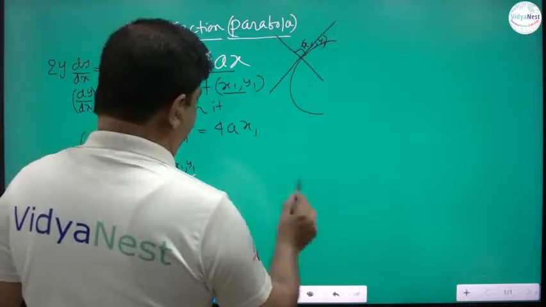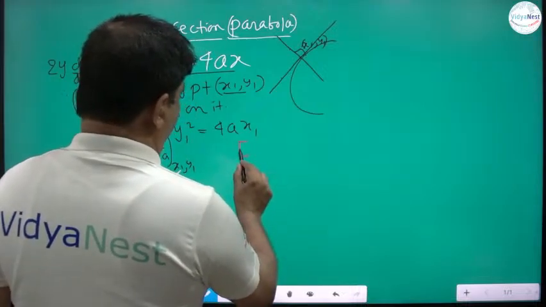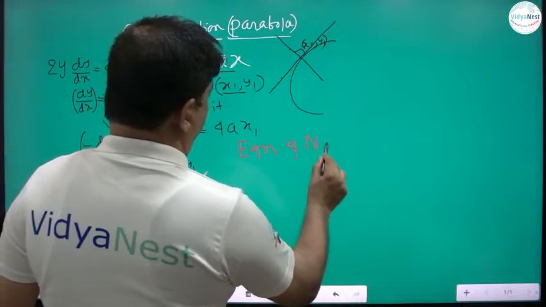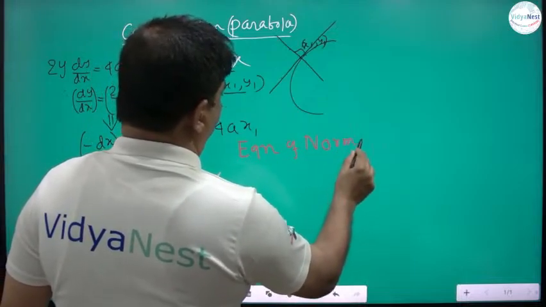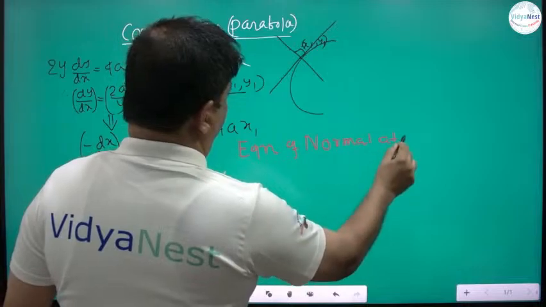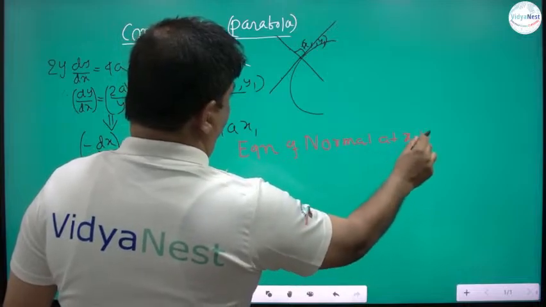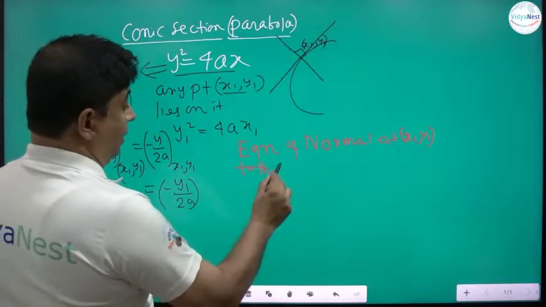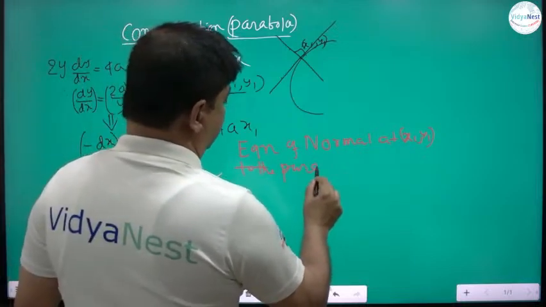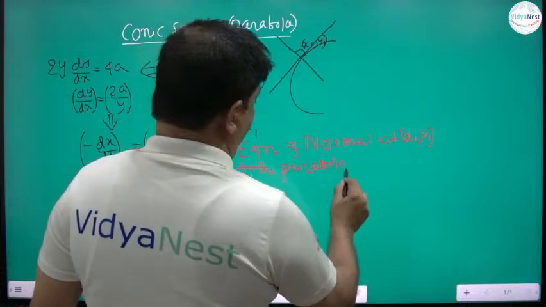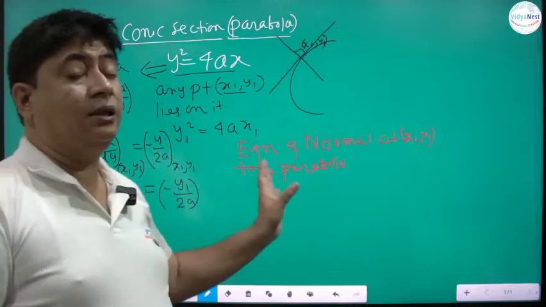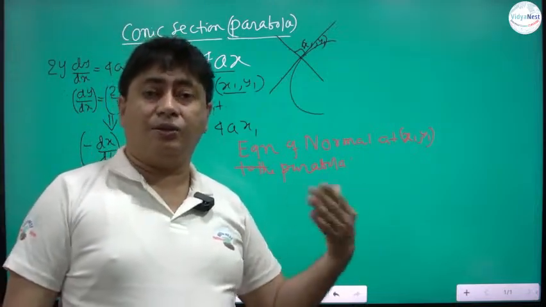So from here we can frame the equation of normal. Therefore, equation of normal at x1, y1 to the parabola is what? See, this normal is also a straight line.